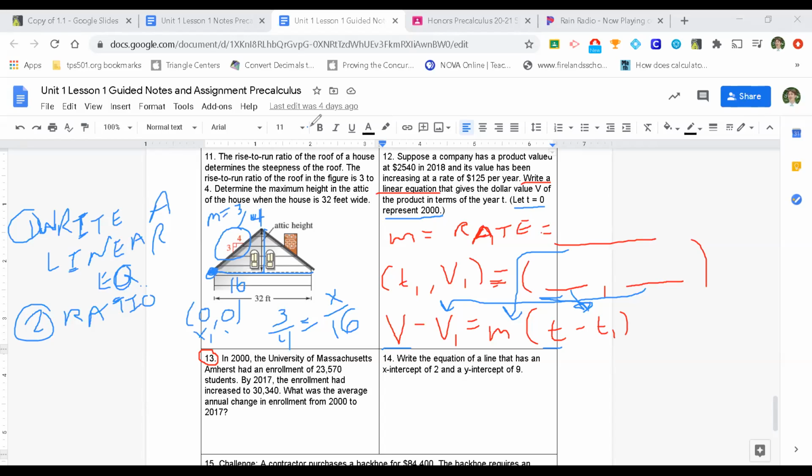That'll be your x sub 1, y sub 1. And then once you write your equation with that, you can then plug in 16 into that equation for x and solve for y. But again, easier way to do it.